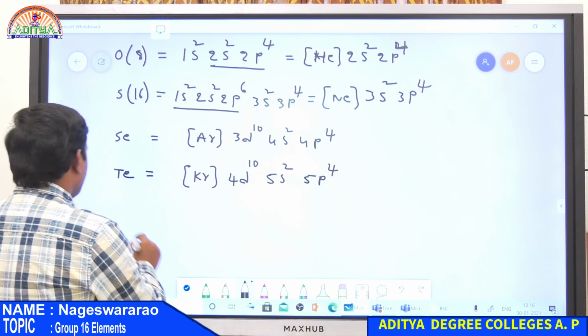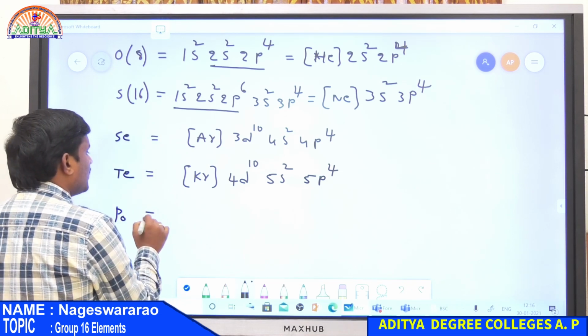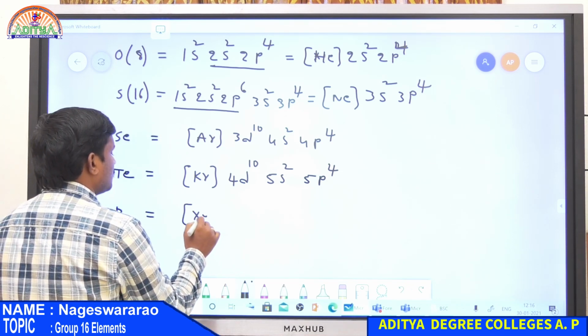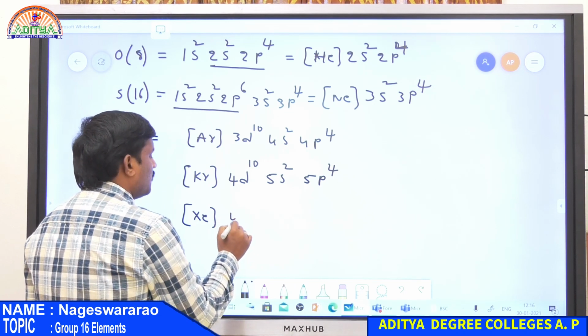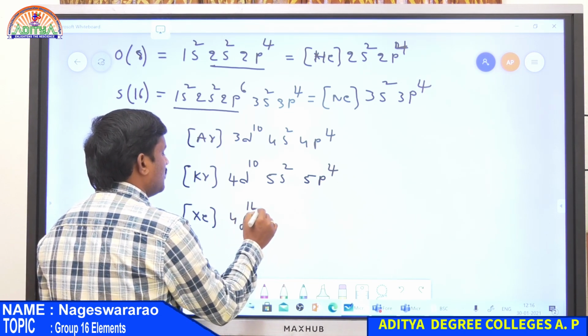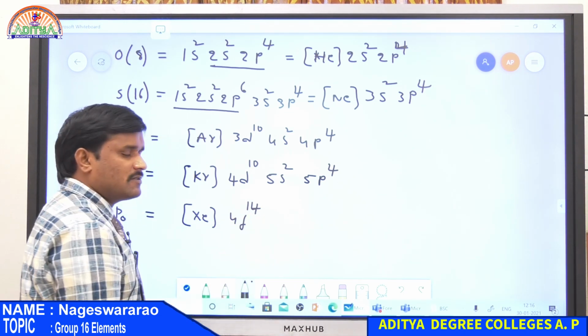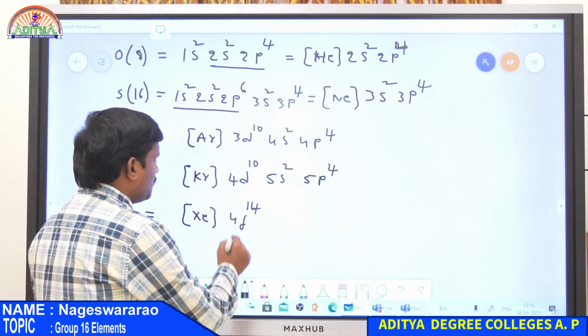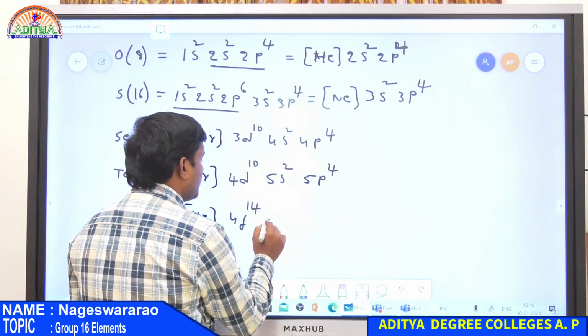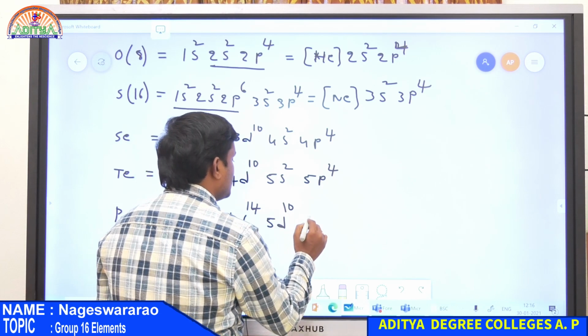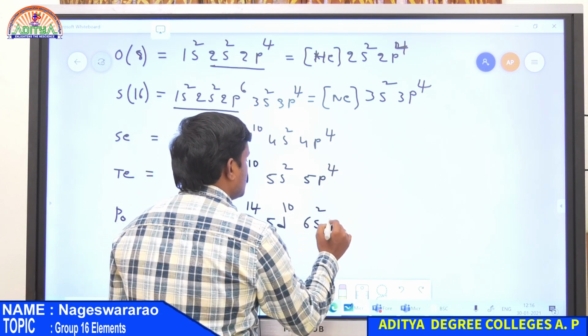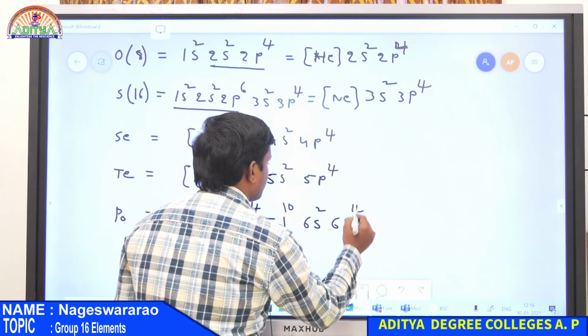And last, for polonium, the electronic configuration is xenon, 4f14. The f orbital has a maximum of 14 electrons. So 4f14, 5d10, and 6s2, 6p4.